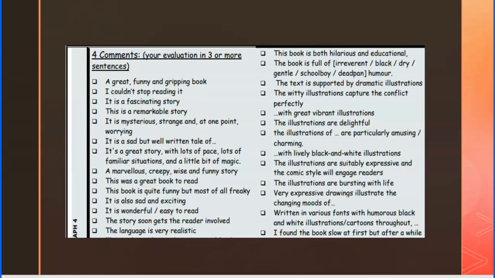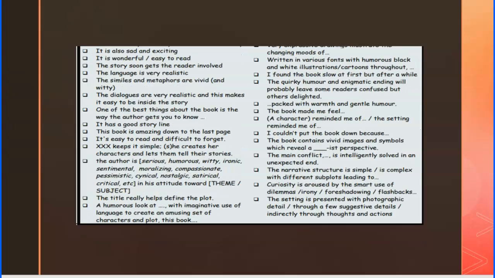But then here are some examples, and there's 2 slides for this one because there's so many, but there are some great phrases here. The text is supported by dramatic illustrations. The witty illustrations capture the conflict. This book is quite funny, but most of all freaky, sad, and exciting. So there's a lot of examples. I'd love to see some of them.